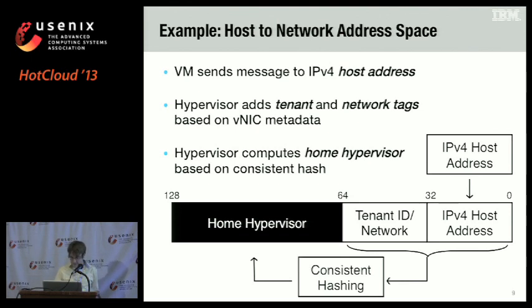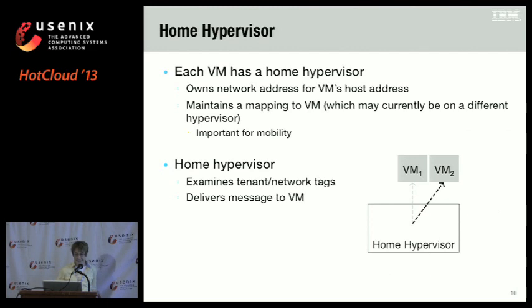Okay, so the home hypervisor, what's that all about? So each VM has this concept of a home hypervisor. And essentially what the home hypervisor does is it's the entity that owns the network address for the VM's host address. So if you think of a packet being addressed to a VM, the home hypervisor maintains this mapping to the VM, which may be on a different hypervisor, but we can talk more about that in a minute.